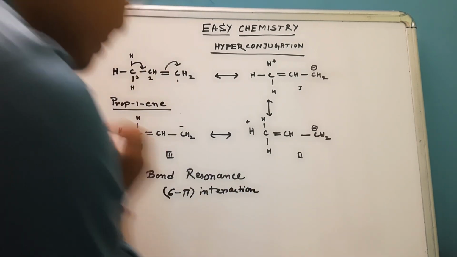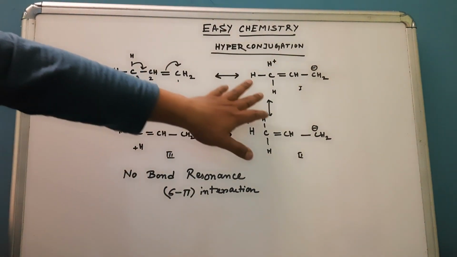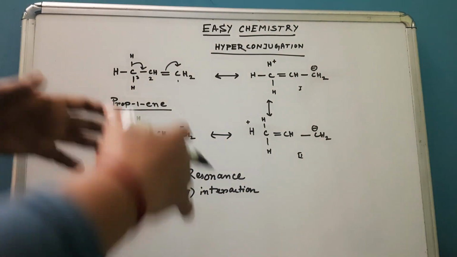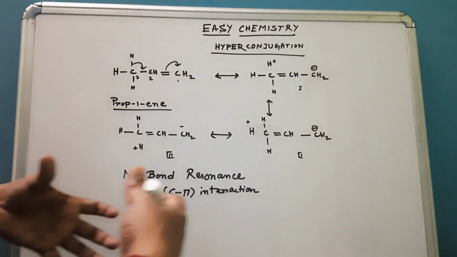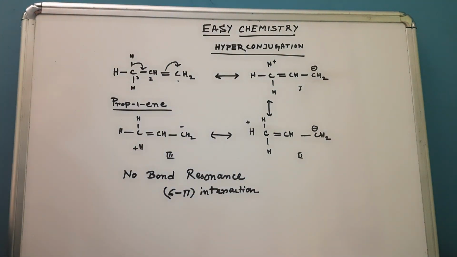All these structures are resonance structures. Hyperconjugation is nothing but a way to give resonance structures, and as we know, the more the number of resonance structures, the more will be the stability. So if there is a chance to attain a hyperconjugative structure, the molecule gains stability.